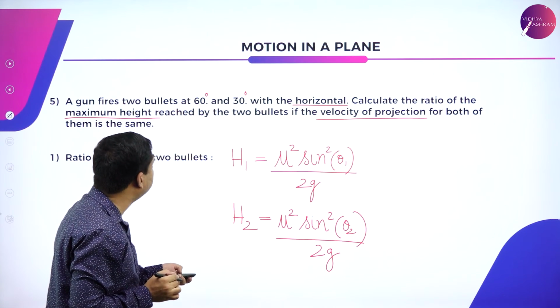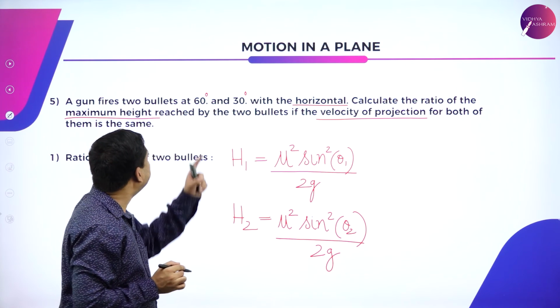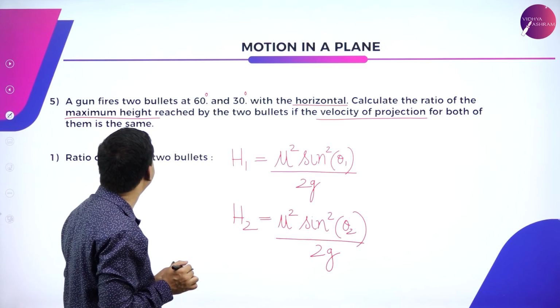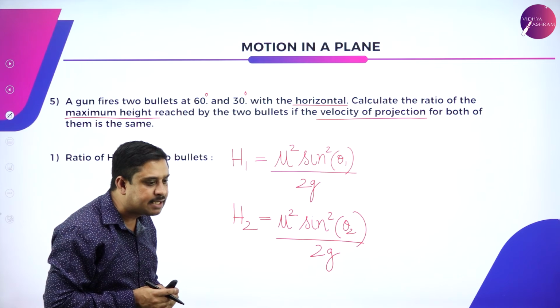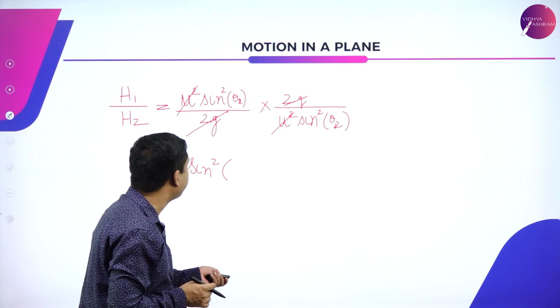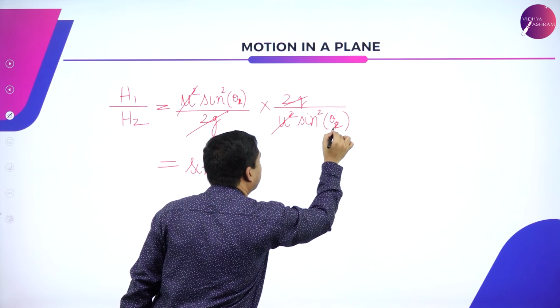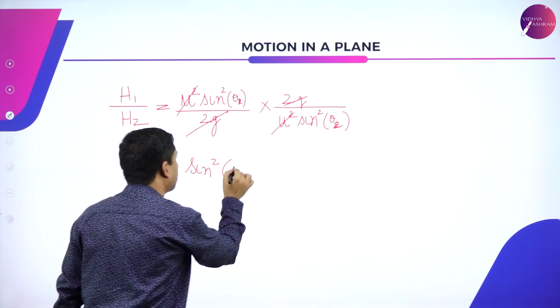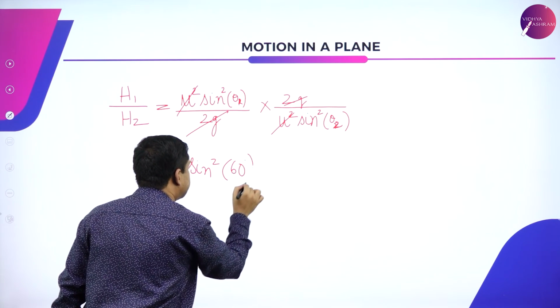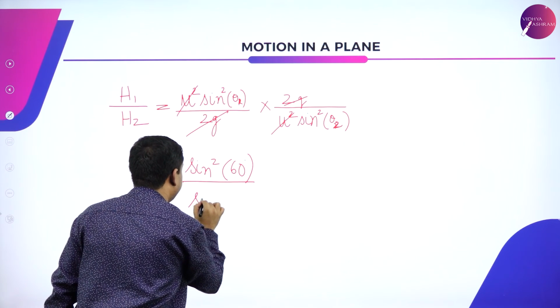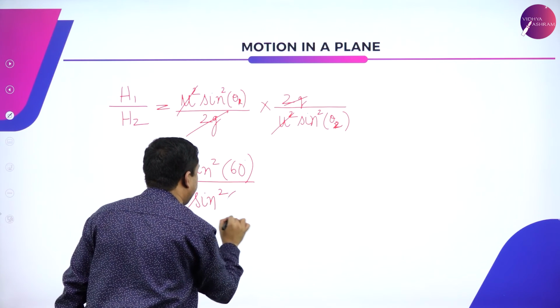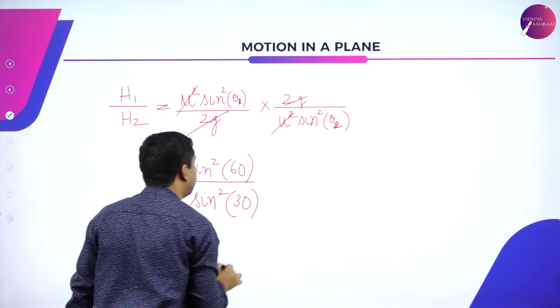So from the problem, yes, theta 1 is 60 degrees, theta 2 is 30 degrees. So this is sine square theta 1 divided by sine square theta 2, sine square 60 degrees divided by sine square 30 degrees.